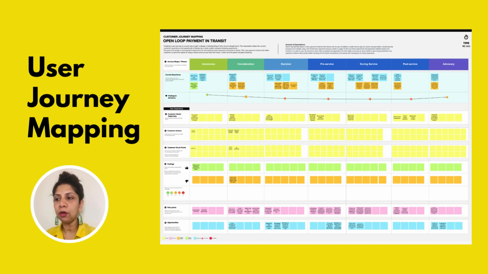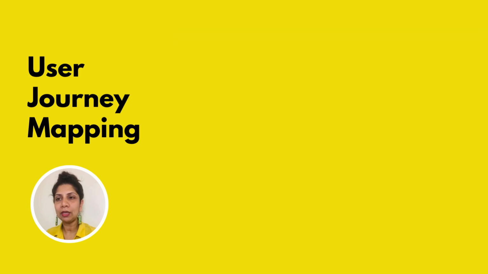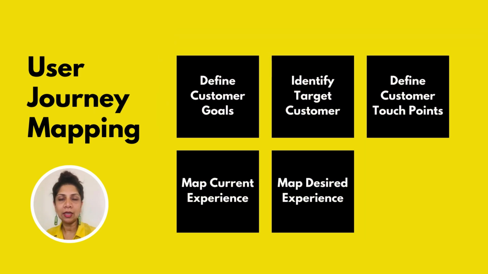We all know the user journey mapping exercise is pretty extensive. Usually what I do, if I'm doing it from scratch, and before this AI tool I've been doing it from scratch, is follow a 5-step process. First of all, I define my customer goals, and then I identify my target customer.